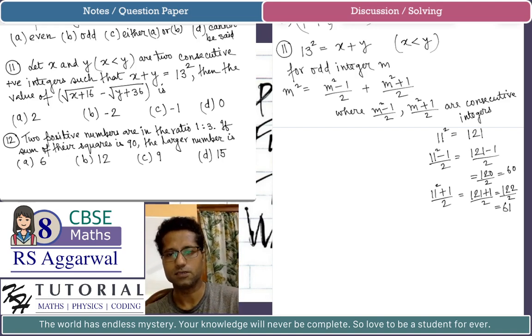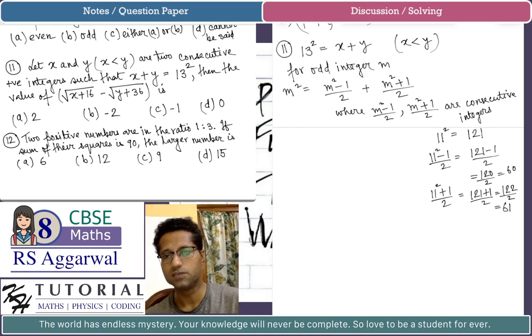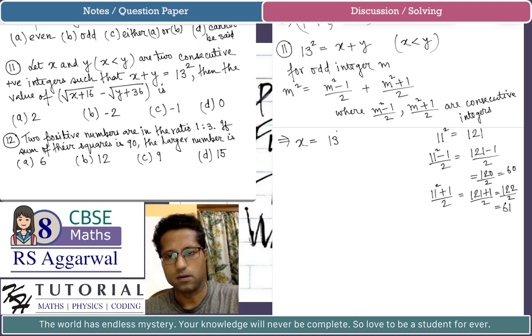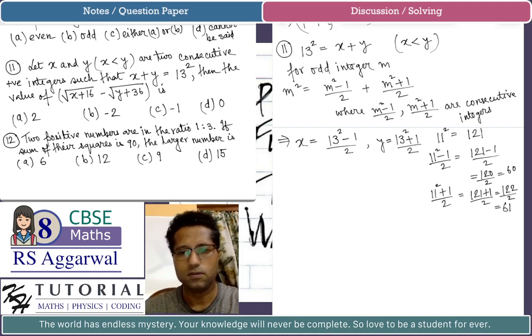When it is given that x and y are two consecutive integers, where x is smaller than y, the sum of which is equal to 13 square, and 13 is an odd integer, so we must have x equal to (13 square minus 1) by 2, and y will be equal to x plus 1 definitely, but its formula is (13 square plus 1) by 2.